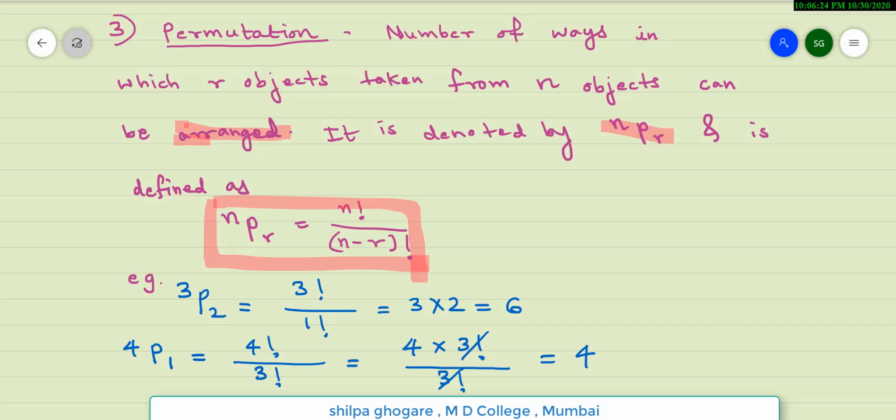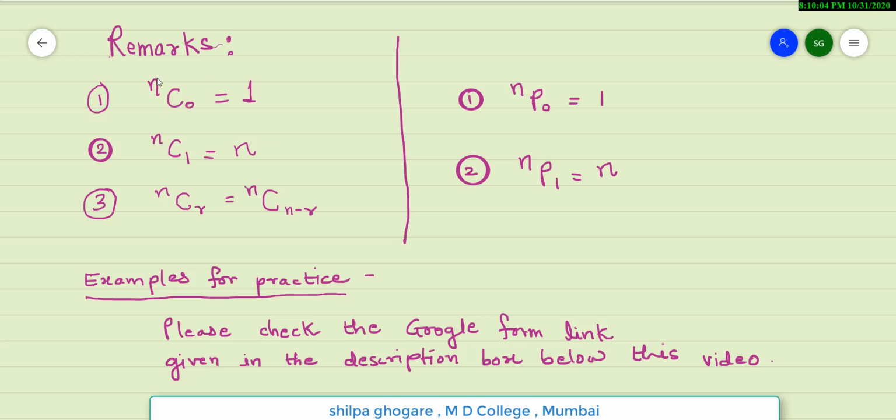So these are the 3 concepts which can be used for solving the problems on probability. These remarks can be remembered while solving the problems on probability. So the first remark is nC0 is 1.